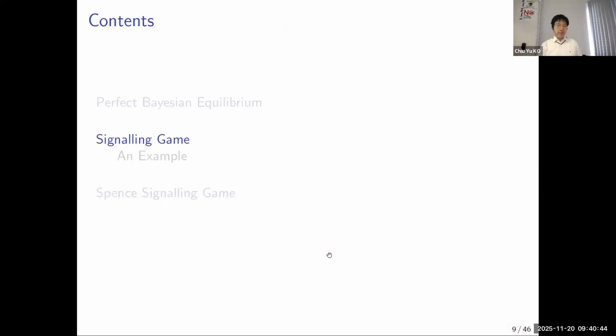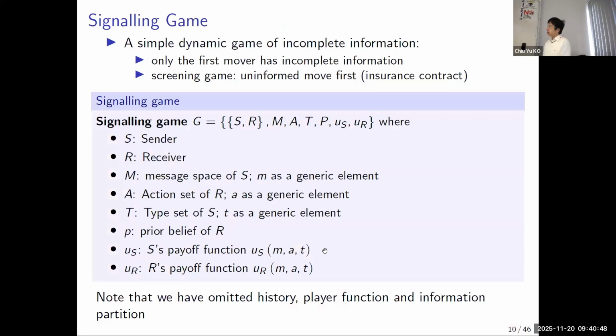So let's go to a signaling game. And you may be surprised at why we suddenly focus on some simple game. The problem, as I tell you, is that even this game is complicated to solve. You will see many different games, and we are just focusing on a very simple one.